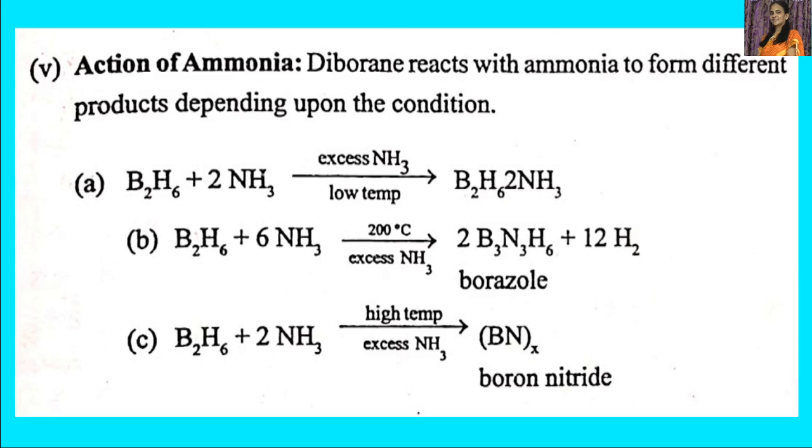Now if the reaction takes place at a high temperature, about 200 degrees centigrade, with excess of ammonia, diborane gives B3N3H6, liberating hydrogen gas. B3N3H6 is known as borazole or borazine, and it is also called inorganic benzene because it resembles benzene in its structure.